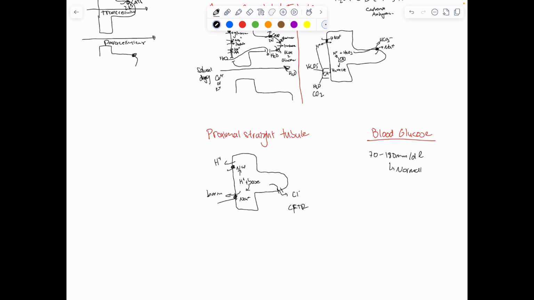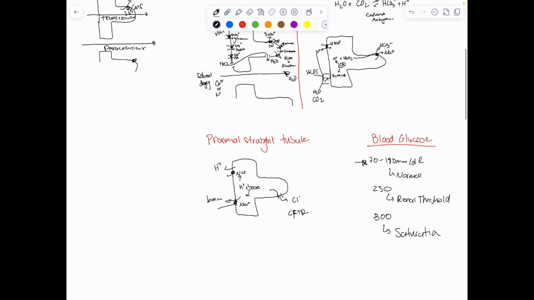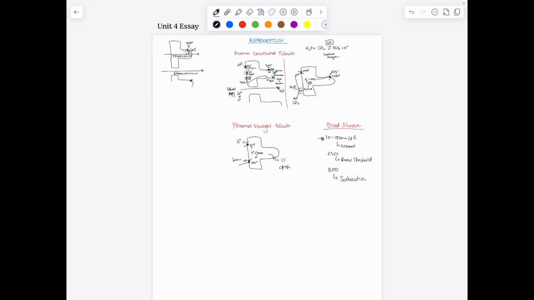And then our renal threshold is going to be 250. And then 300 is what we call our saturation. And so we never want to reach these levels right here. We really want to be within this 70 to 180 range. And that wraps up reabsorption.